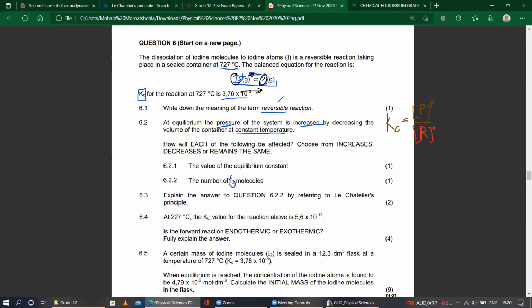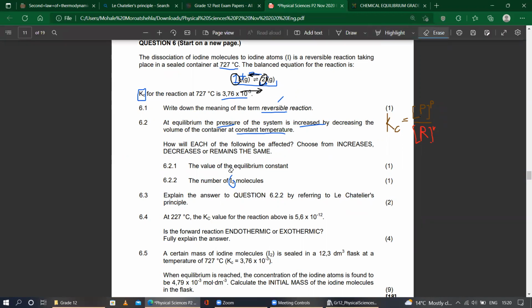That means the iodine molecules are going to increase and the iodine atoms are going to decrease. You heard how I explained 6.2.2, right? Yes, sir. That's basically how you use Le Chatelier's principle.